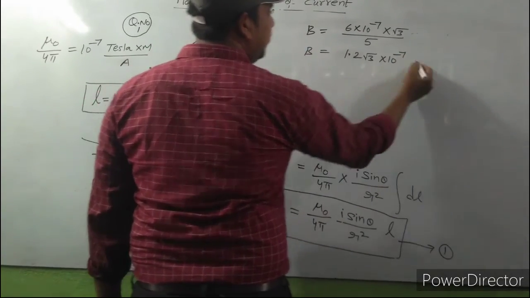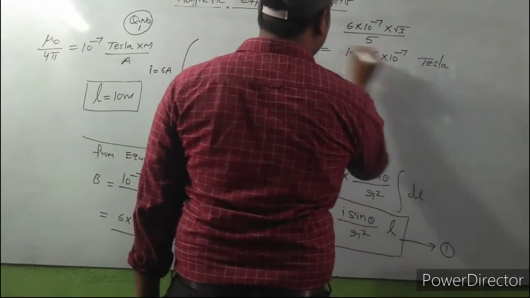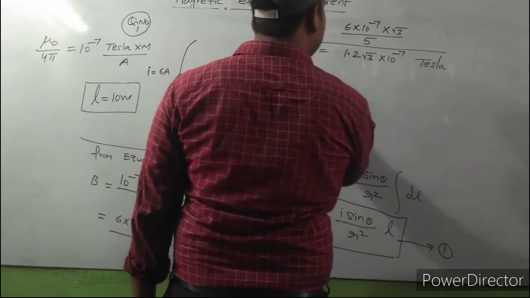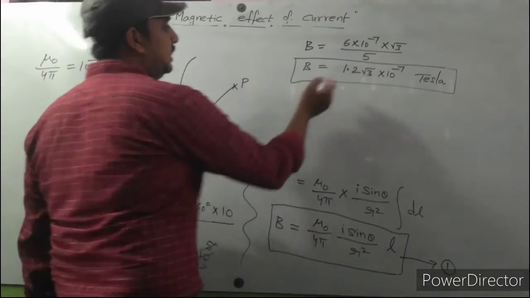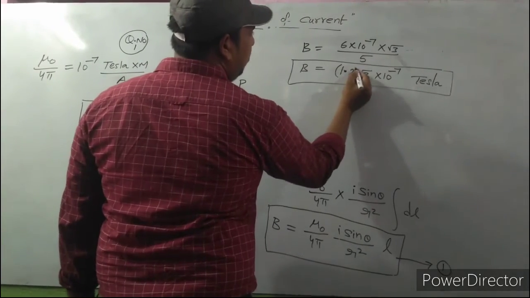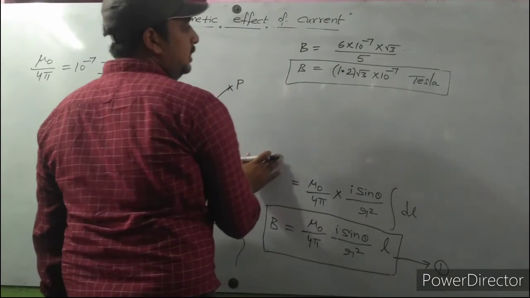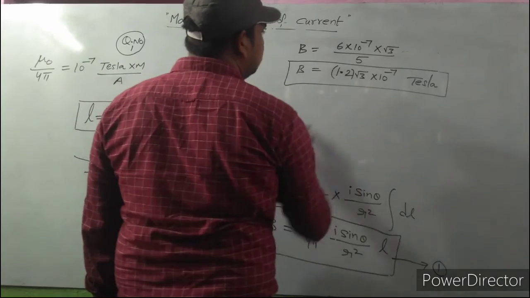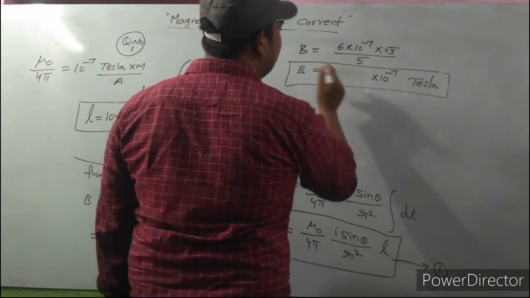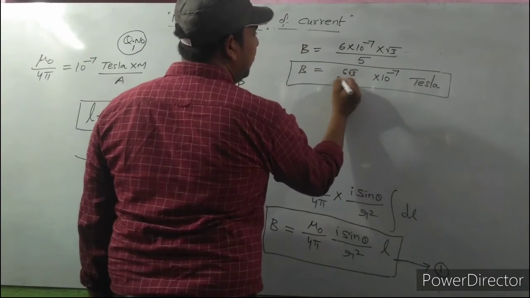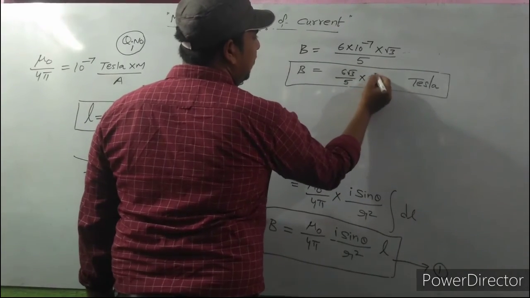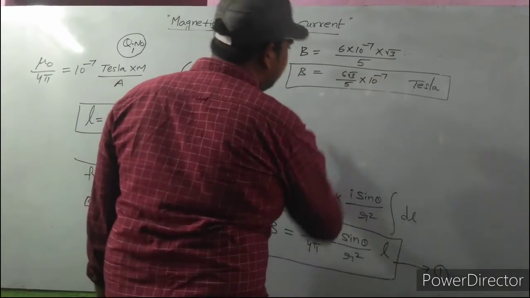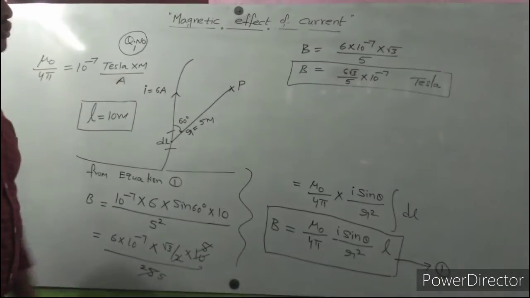The unit of magnetic field is Tesla. Otherwise we can simply write 6 root 3 by 5 into 10 power minus 7 Tesla. So this is the magnitude of the magnetic field.